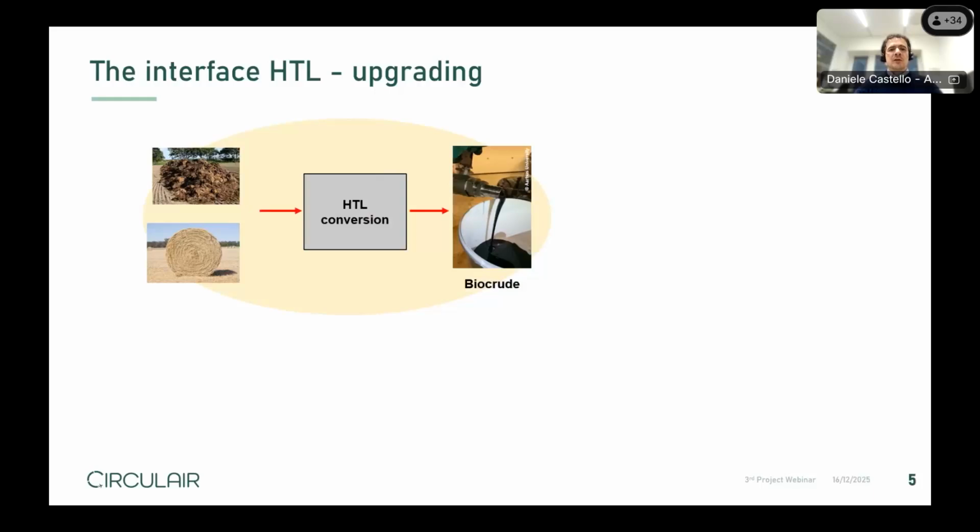Let's first state what is the big picture. So in the CIRCULAIR project, we deal with agricultural waste, manure, straw, and their mixtures. And this is based on HTL, so hydrothermal liquefaction, that basically is a hydrothermal technology to convert this biomass feedstock into biocrude, which is basically a carbon-rich liquid, and it is the base for the production of biofuels.